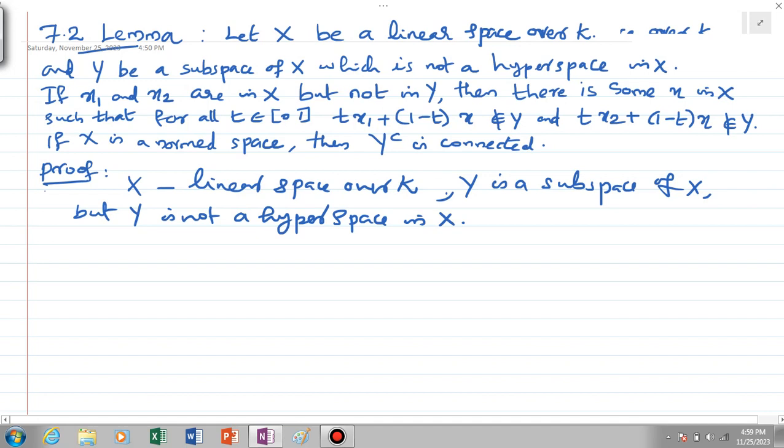A hyperspace means it is a subspace which is the largest proper subspace. If X is finite dimensional, then the dimension of its hyperspace is just one less than that of X.